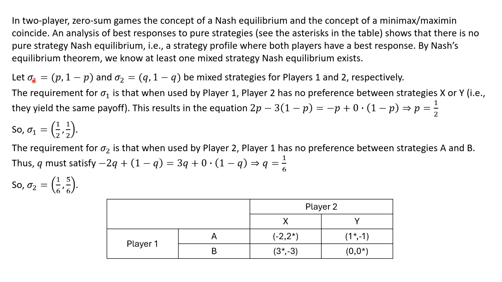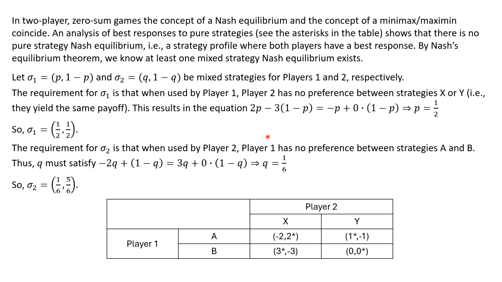We'll let sigma sub 1 be the probabilities for player 1 playing A and B. So player 1 will play A with probability P, and strategy B with probability 1 minus P. And then we have a similar setup for player 2 using probabilities Q and 1 minus Q for strategies X and Y. The requirement for sigma sub 1 is that when used by player 1, player 2 has no preference between going with strategy X or Y. In other words, they have the same payoff.